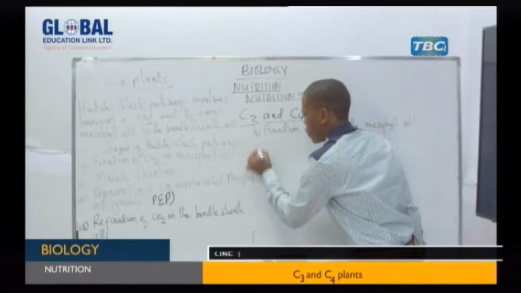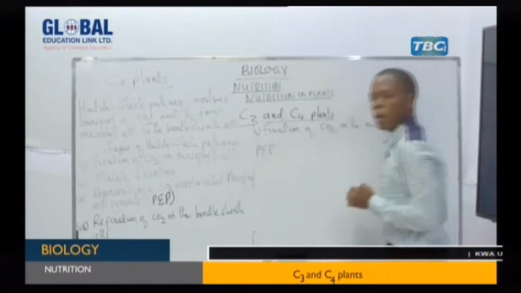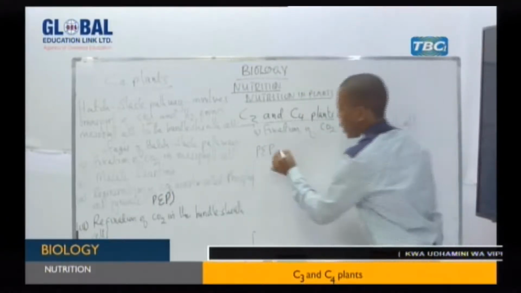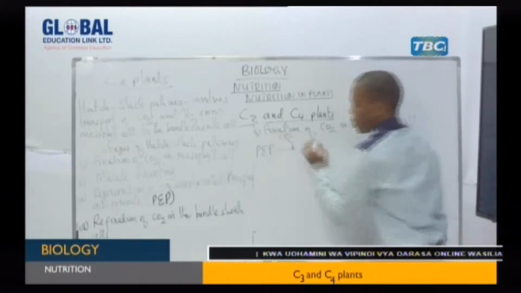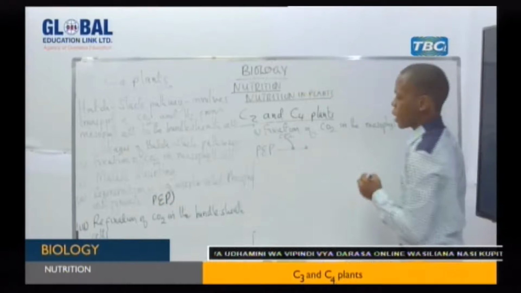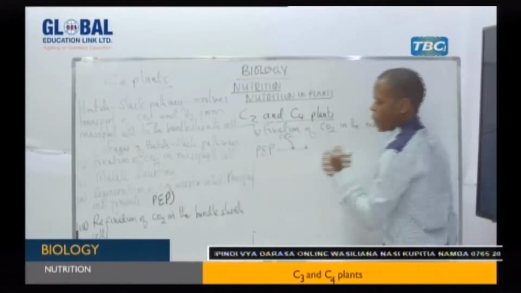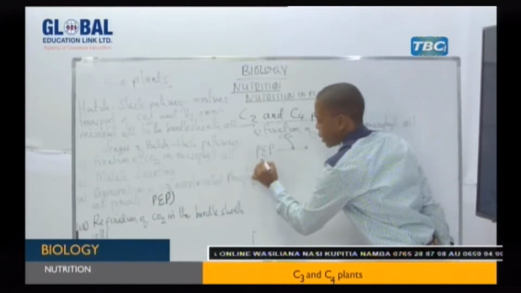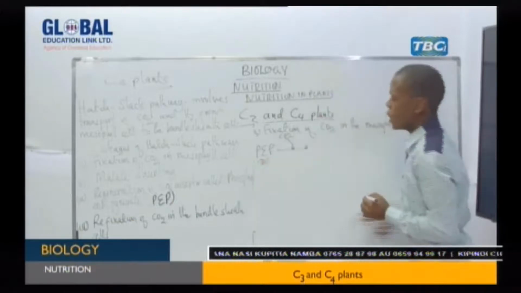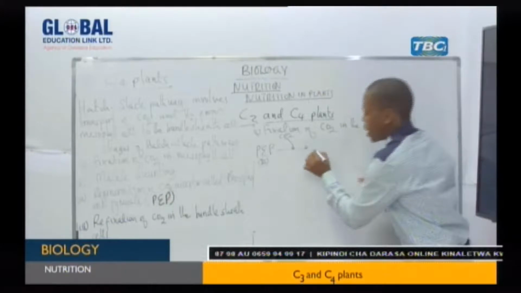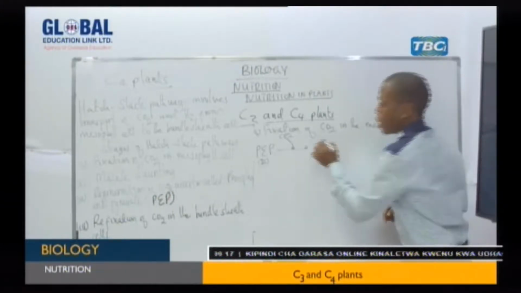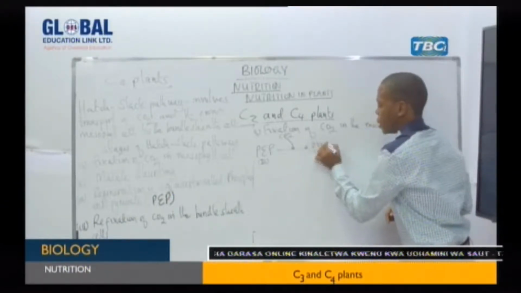Therefore, PEP, this carbon dioxide acceptor in the mesophyll cell, accepts carbon dioxide. Remember that this PEP is a 3-carbon compound. When it accepts 1 molecule of carbon dioxide from the atmosphere, it forms a 4-carbon compound known as oxaloacetic acid.